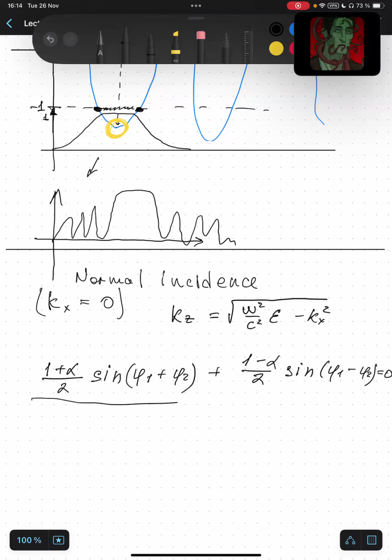This expression will give you information about the positions of band gaps in your system.